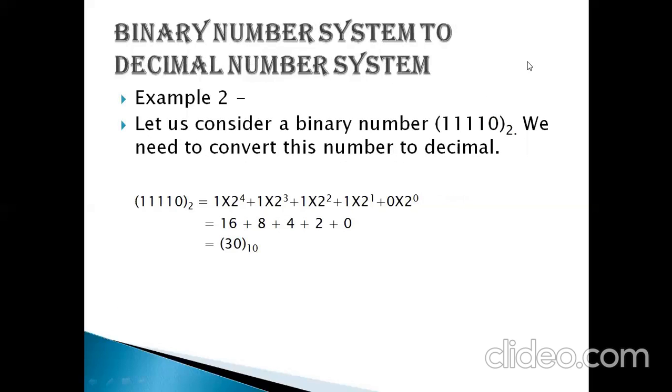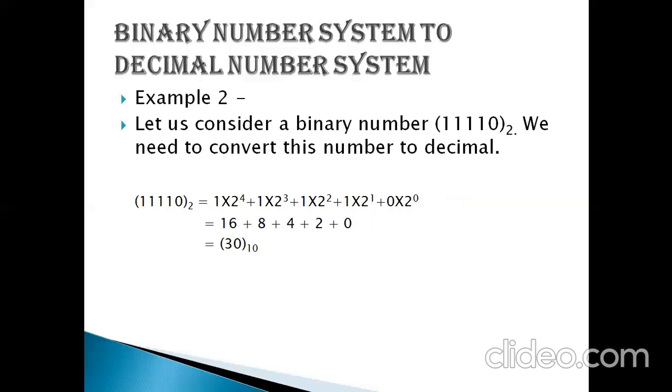Similarly, we have one more example. So we need to convert 11110 to decimal. So we have 4 ones followed by 1 0. This is a binary number and we have to convert it into decimal number. So here also the position of LSB is 0 and the position of MSB is 4.